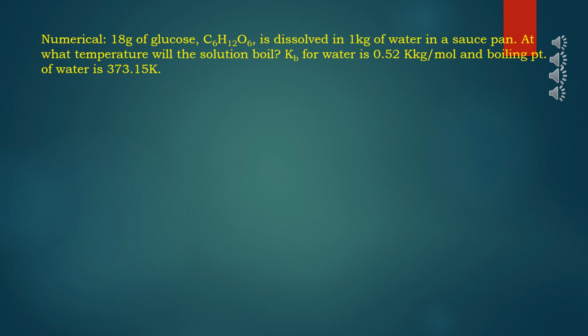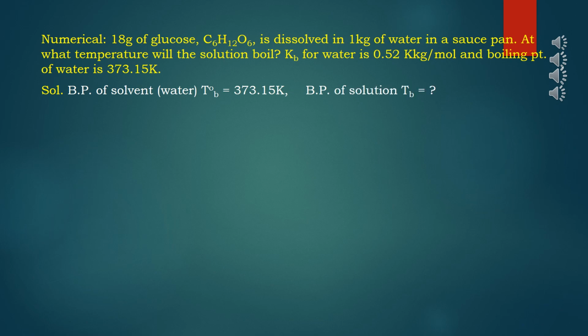So in this numerical, solute is glucose and the solvent is water. So let's see what is given to us. The boiling point of solvent, that is water, is given as 373.15 Kelvin. The boiling point of solution we have to find out, that is we have to find out Tb.